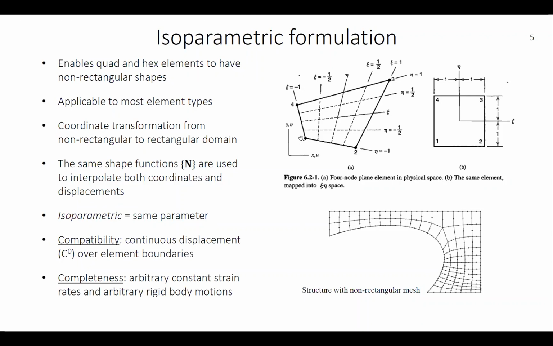But here we need to have the interpolation function for describing the coordinates in an arbitrary geometric system. The word isoparametric means the same parameter. So we use the same parameter for interpolating displacements and coordinates.